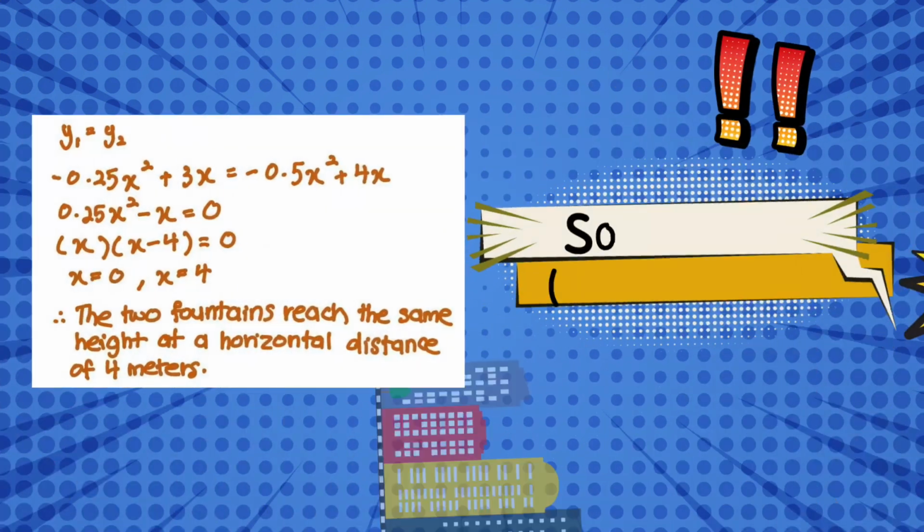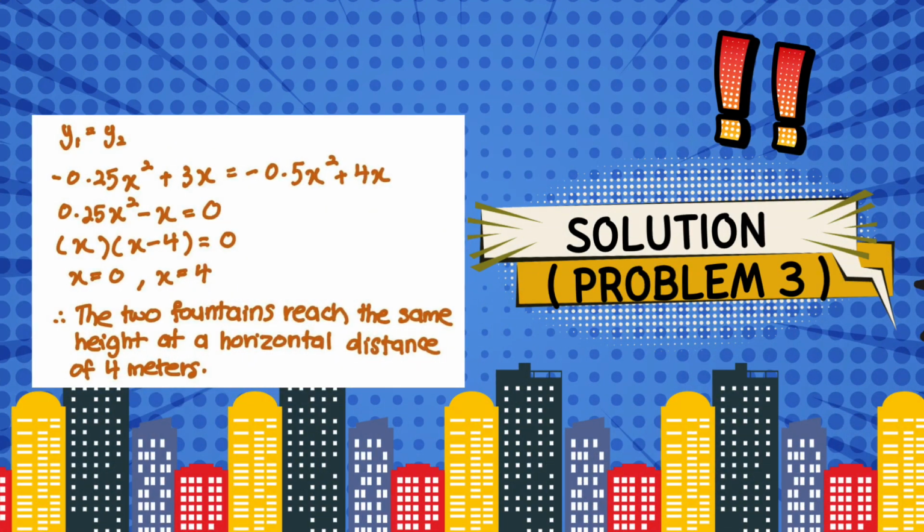For the solution of problem 3, we equate the equations of y1 and y2. So the equation is negative 0.25x squared plus 3x equals negative 0.5x squared plus 4x. And then we solve and get 0.25x squared minus x equals 0.